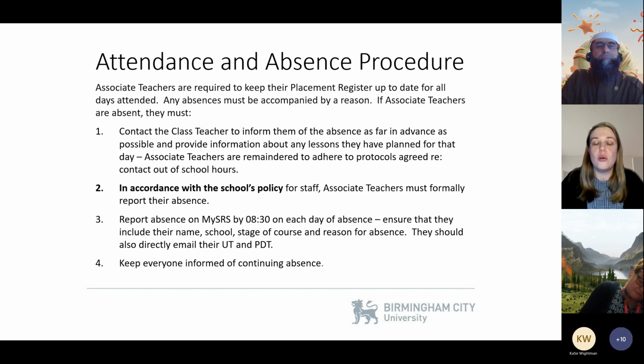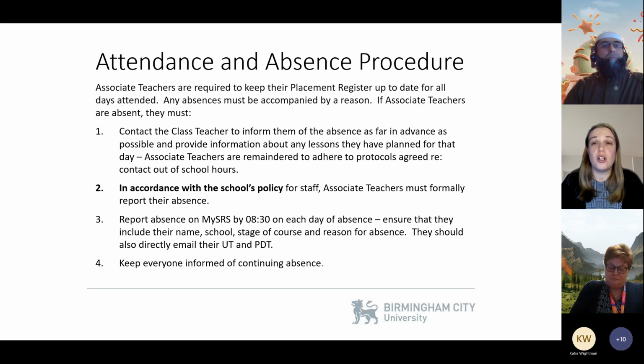Attendance, the expectation is that associate teachers contact class teachers as soon as possible. If they know they are not going to be able to attend, the expectation is they let you know immediately. If it's a continuing absence, if they know the day before that they're not going to be coming in the next day, we tell them to let the school know the afternoon before so that everybody is aware of what is happening the following day.